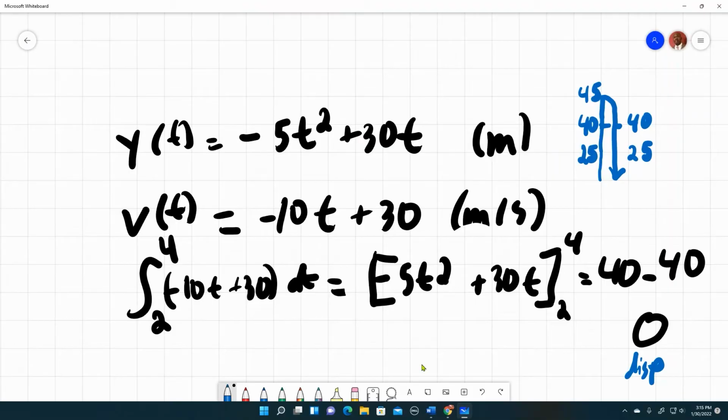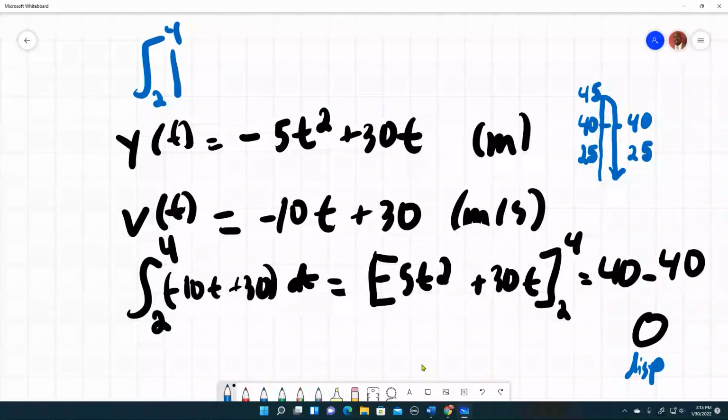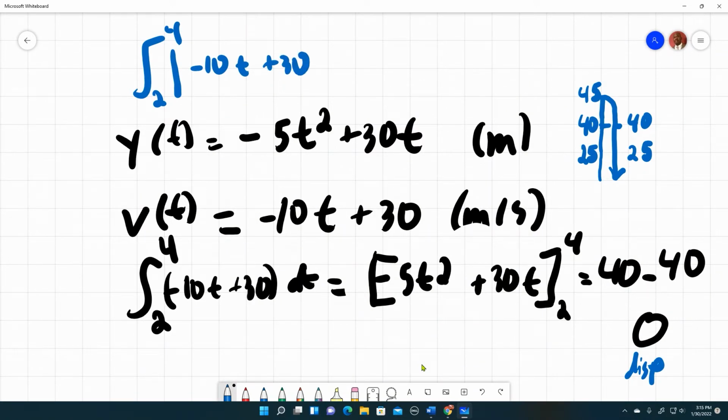So if I want to find the total distance, I'm going to integrate the absolute value of the velocity function. So to find distance, the integral from 2 to 4, I'm going to integrate the absolute value of this velocity function.